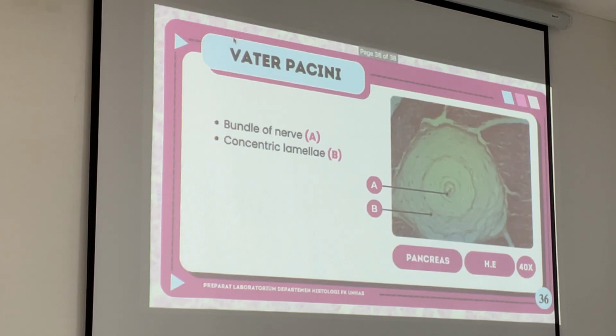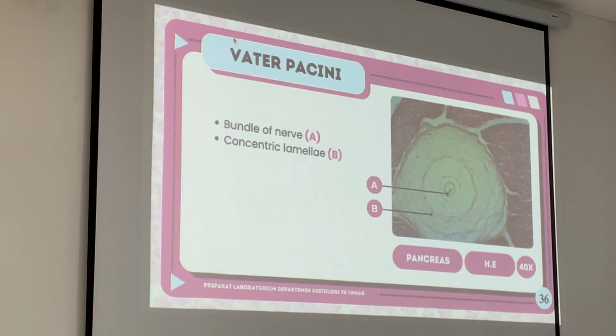In the case of the Vater-Pacini in the pancreas, it helps us to know whether something is wrong in our body. For example, if the stomach is ill or you feel discomfort in your stomach, it feels like a dull sensation, so you cannot point to which point actually hurts.